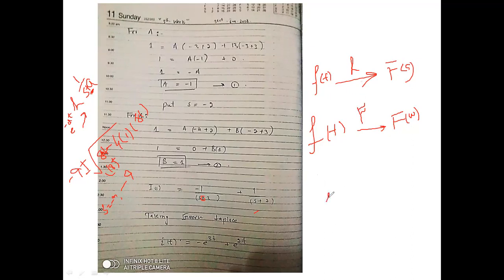For example, if the Laplace transformation of e raised to the power minus at is 1 over s plus a, okay, so this is the Laplace transformation, and now in the Fourier transformation it will be 1 over j omega plus a. So the only difference is that.